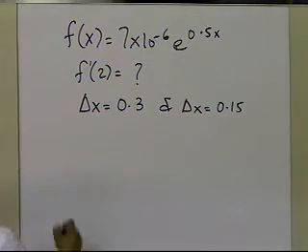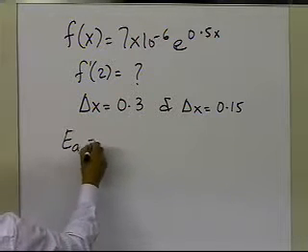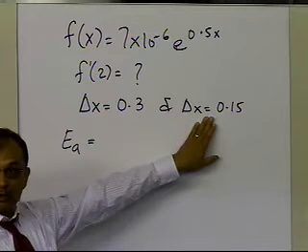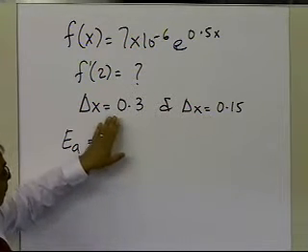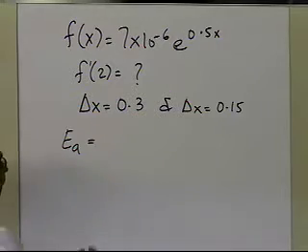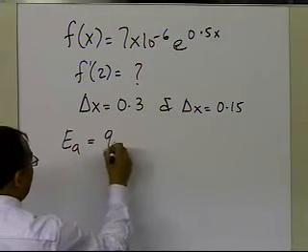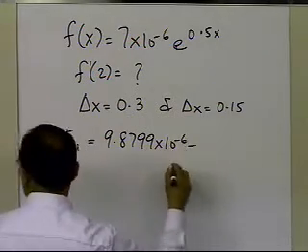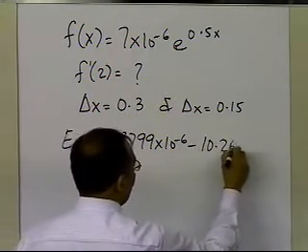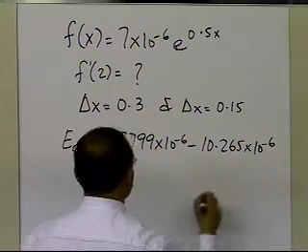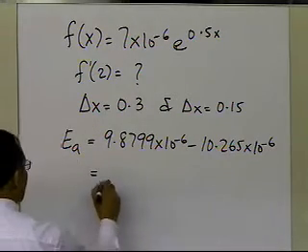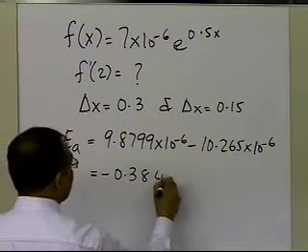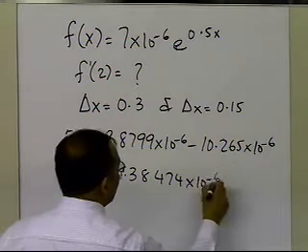In this case, the approximate error will be whatever value I get for the derivative at 2 using this value of delta x, and then this value of delta x will be the previous approximation. I'll get 9.8799 times 10 to the power minus 6 minus 10.265 times 10 to the power minus 6, and the value will turn out to be minus 0.38474 times 10 to the power minus 6.